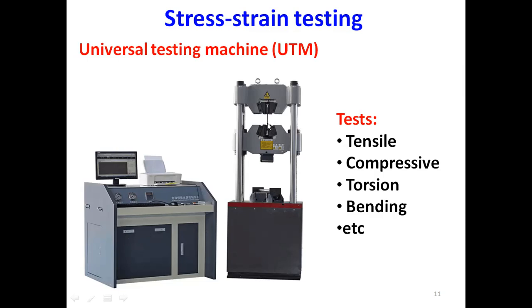For tensile testing, we put the specimen here, and these two have to move opposite to each other. Similarly, a compression test could also be performed here: you put the specimen, and these two move close to each other. In the case of torsion, we put the specimen, and one of these chucks rotates so that we subject the specimen to a twisting effect.